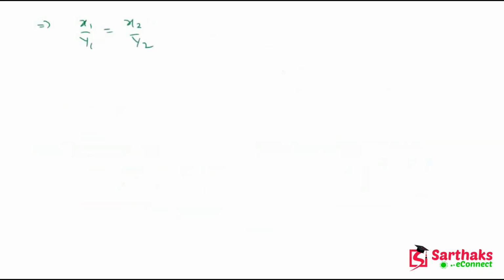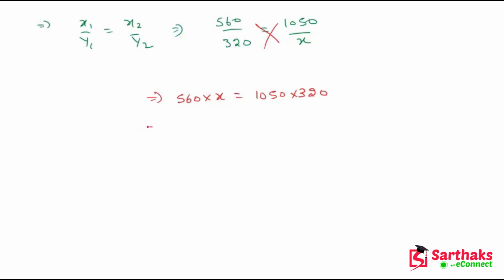If we put the values, we get 560 upon 320 is equal to 1050 divided by x. Now if we cross multiply, we get 560 into x equals 1050 into 320. So x will become 1050 into 320 divided by 560.